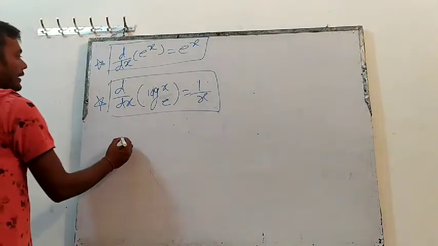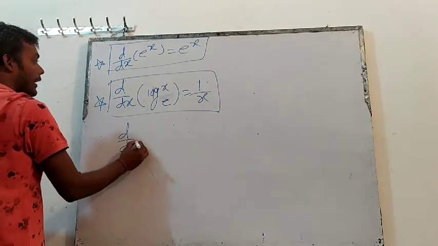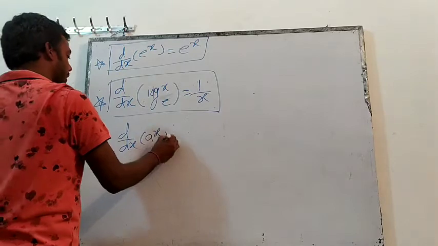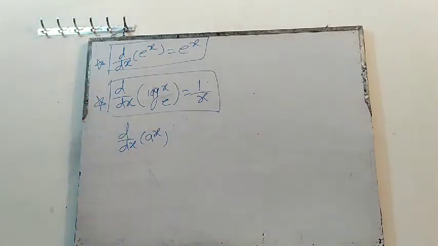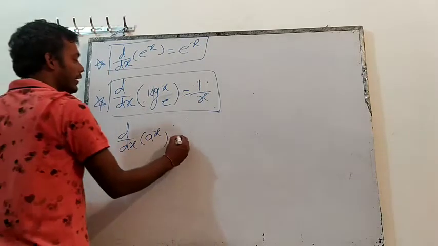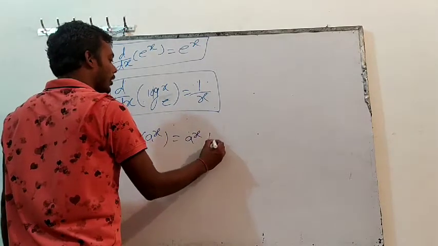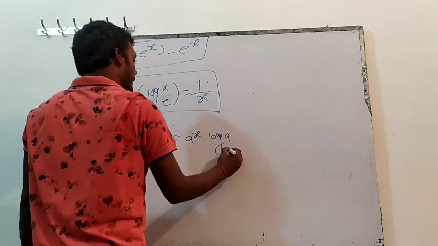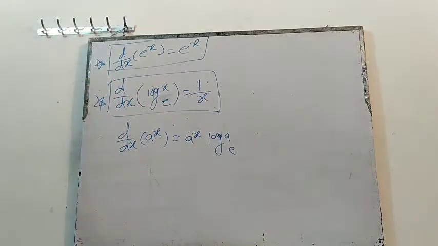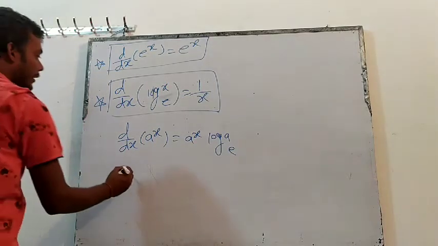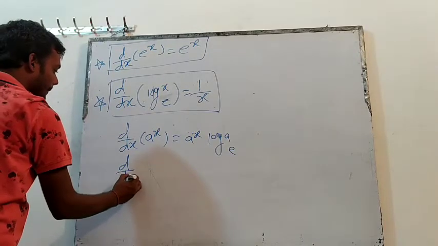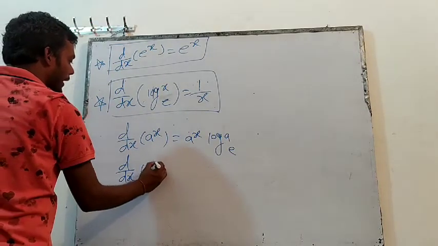Suppose we have the differentiation of a to the power x. This differentiation will be a to the power x log a base e. For example, see the differentiation of 4 to the power x.